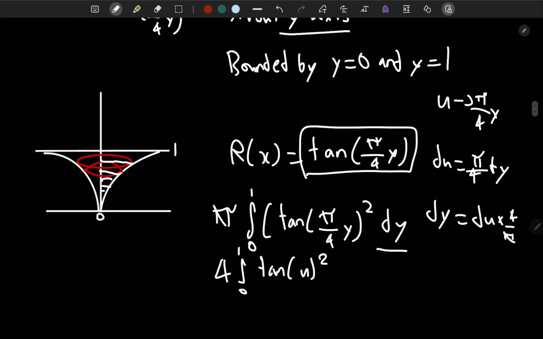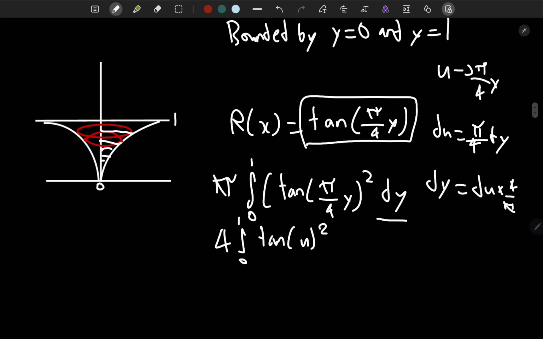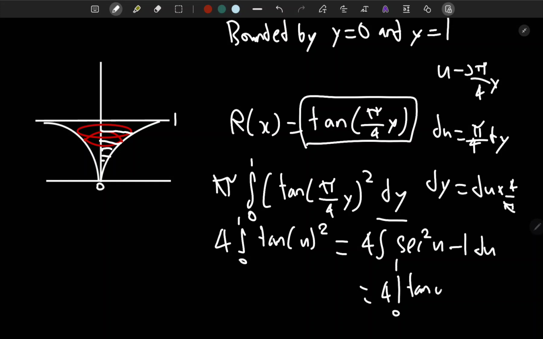Now we can replace tan squared u with secant squared u minus 1, du. The integration of secant squared is tan u, so we have 4 times tan u minus u, over the limits 0 to 1. Remember to substitute u back to pi over 4 y, and then you find the limit, so you get the idea.